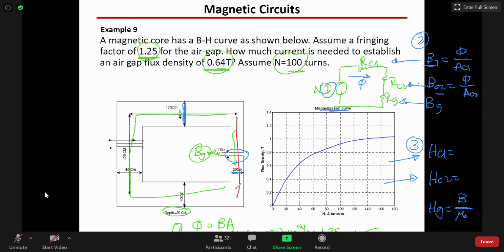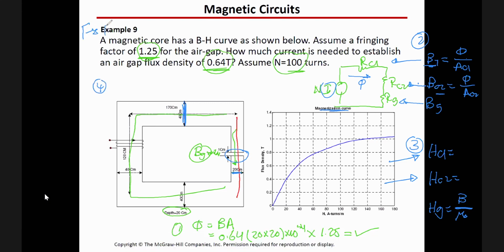So after we find HC1, HC2, HG, what should be the next step? Well, it will be the last step here. We know that we have an equation, which is F equals the sum of H L, which is similar to KVL.